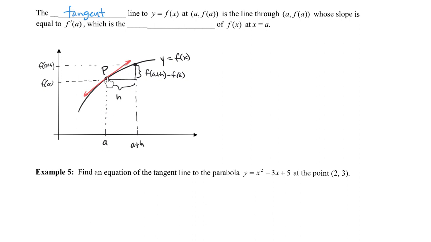This would be the point a, f of a, because here's y equals f of x, is a line through a, f of a whose slope is equal to f prime of a, which is the derivative of f of x at x equals a. So the slope of the tangent line is equal to f prime of a, which is the derivative of the function at x equals a.